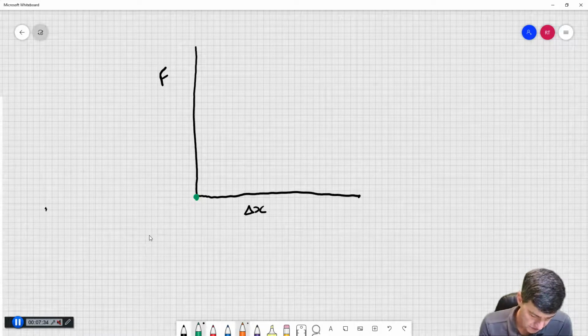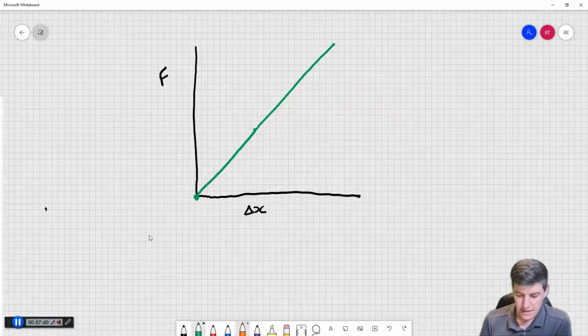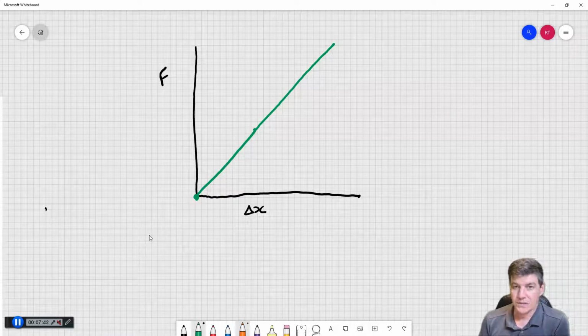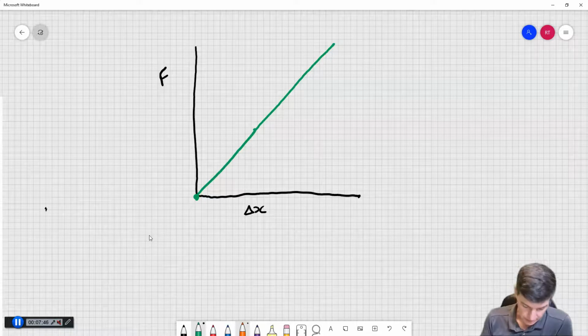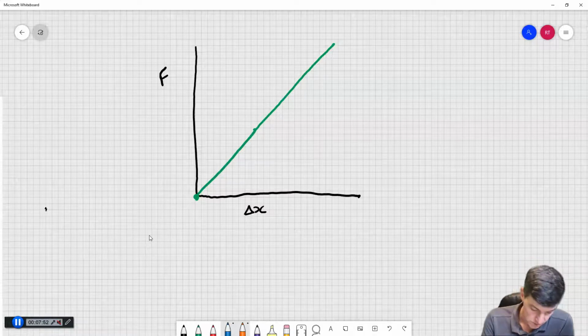As I added force, my spring would start to stretch, and I have a linear relationship for most springs. Linear meaning that that is a straight line. So for instance, if I was to add, I don't know, 100 newtons of force, and maybe that meant that it stretched, let's say, 1 centimeter.